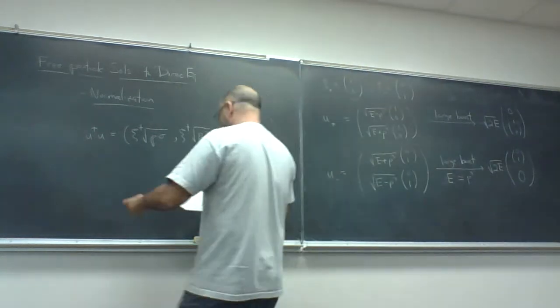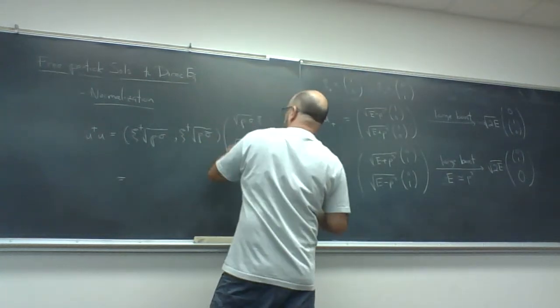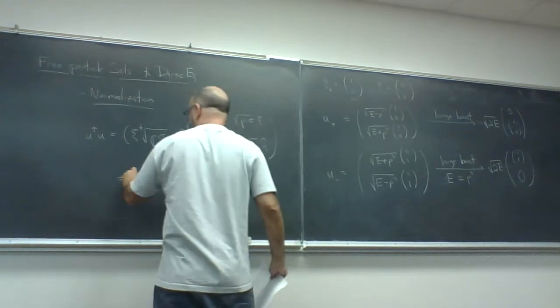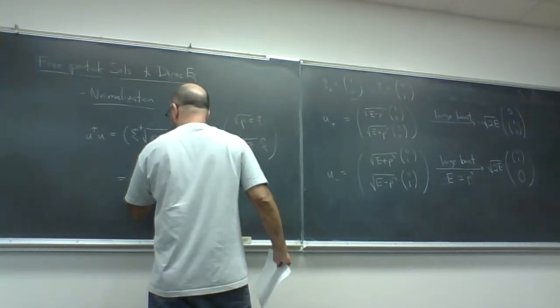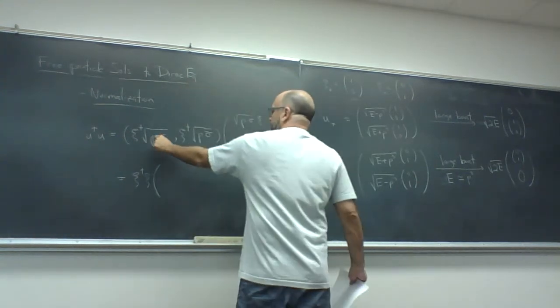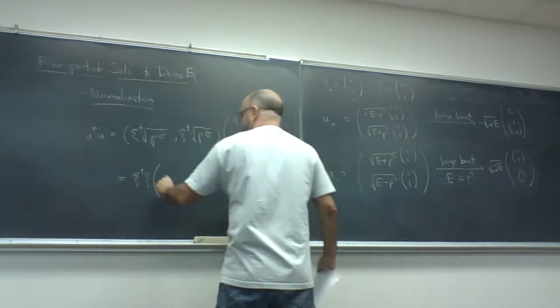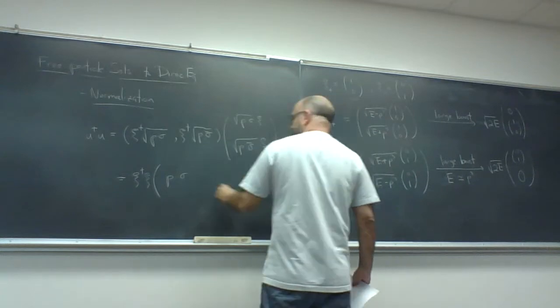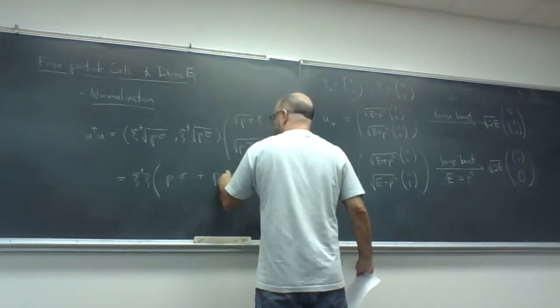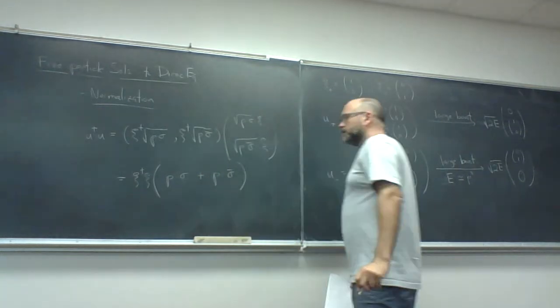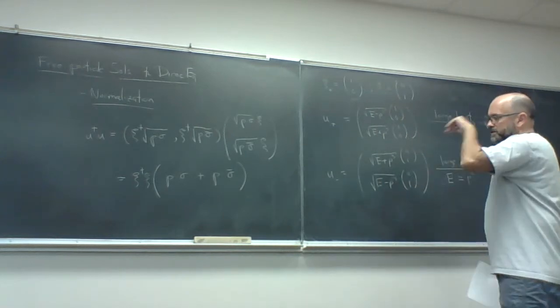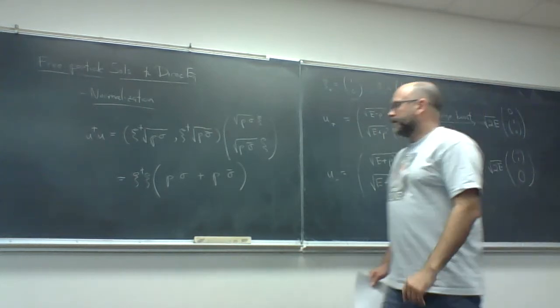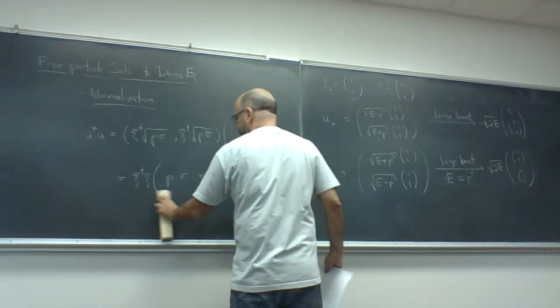What it gives me is, both terms are going to give me c dagger c. From this guy times that, I'll just get p dot sigma, and from this guy times that, I just get p dot sigma bar. But remember these are the four-vector dot products.